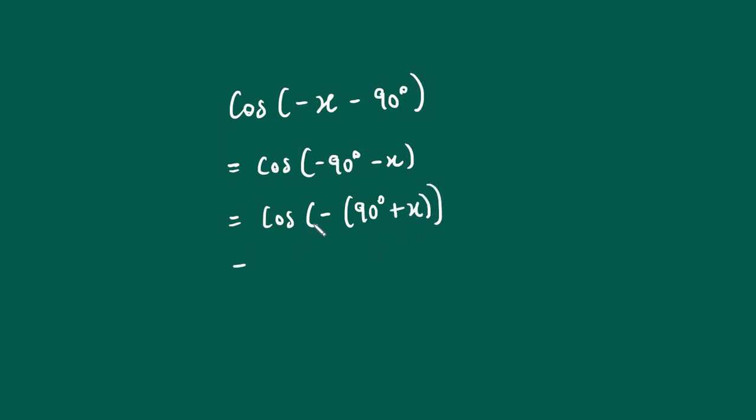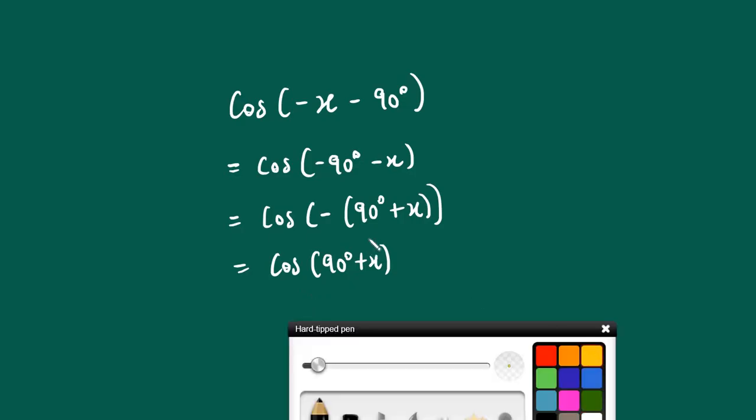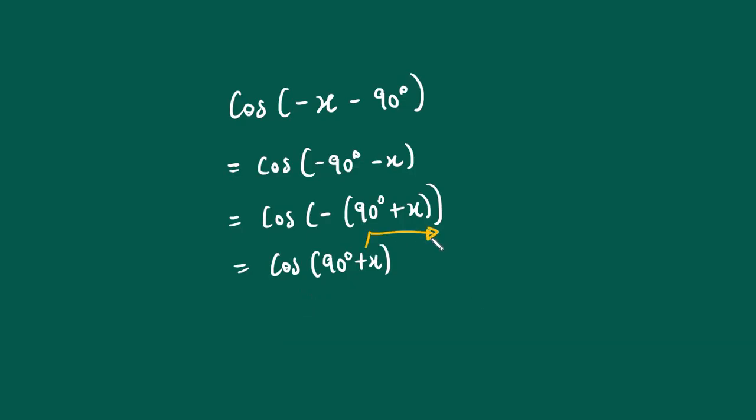Now remember, if you are dealing with cos, the negative is not going to go down, but if it was tan or sine, it was going to go down here. So in this case, it's not going to go down. You're just going to write cos, and then you write whatever is in there. So you write the 90 degrees plus x. Now that you have this, the next thing is to ask yourself, which quadrant is this?